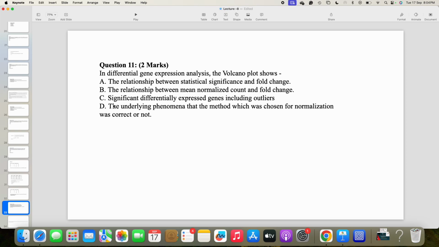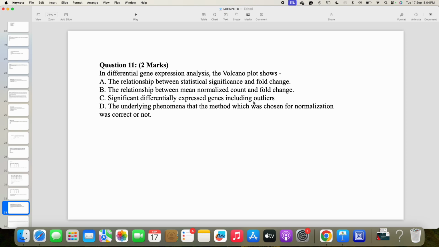This is the correct option. And for the C option, significant differentially expressed gene including outlier. So if we are plotting the statistical significance with the fold change, we get the idea of the significantly differentially expressed gene including outlier.